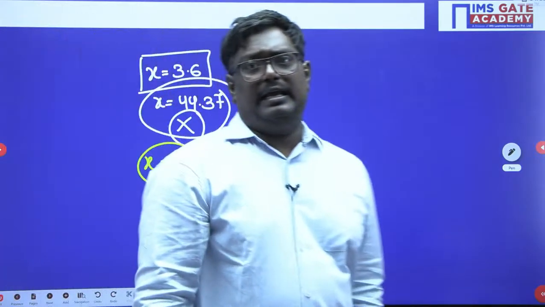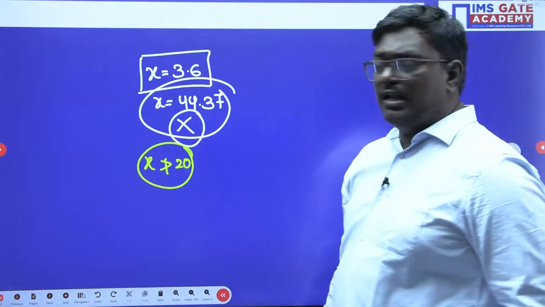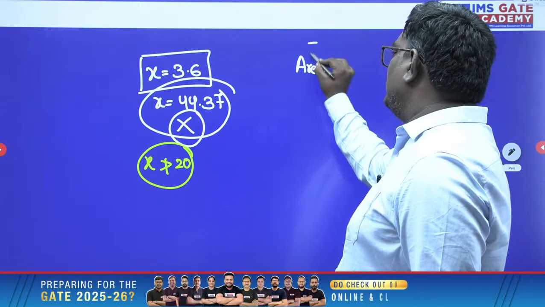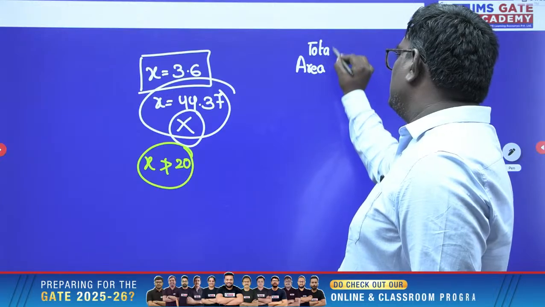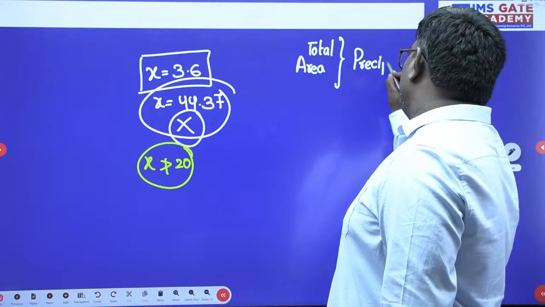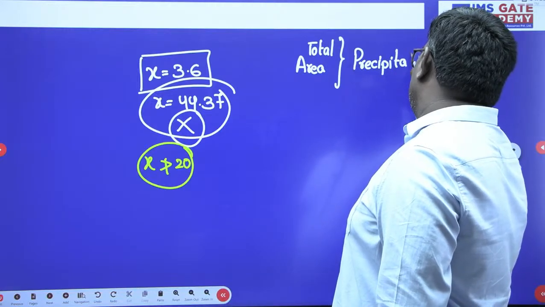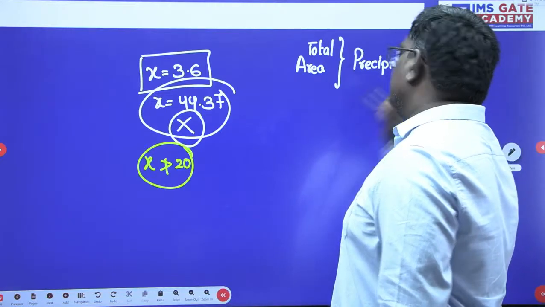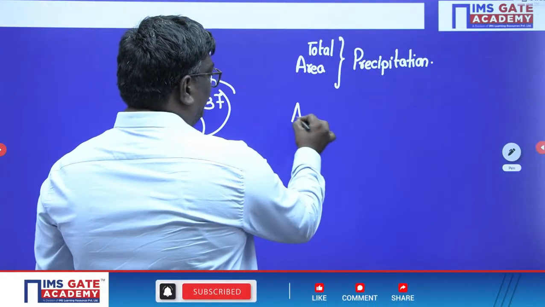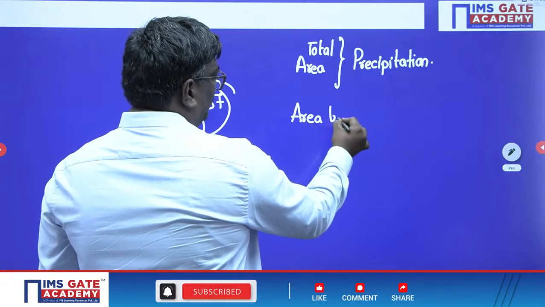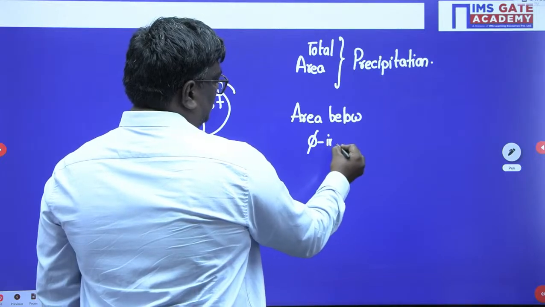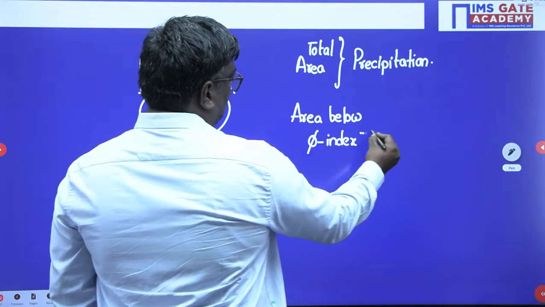Again and again I am telling you, whenever you find the total area, you will get the precipitation. Area below phi index, you will get infiltration.